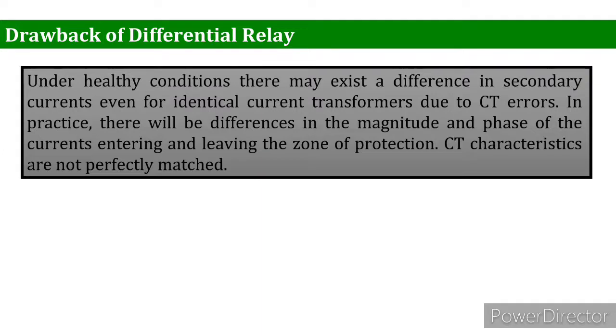So in practice, there will be differences in the magnitude and the phase of the currents entering and leaving the zones of protection. The current transformer characteristics are not perfectly matched at some stage. This is one drawback that we have also discussed earlier.